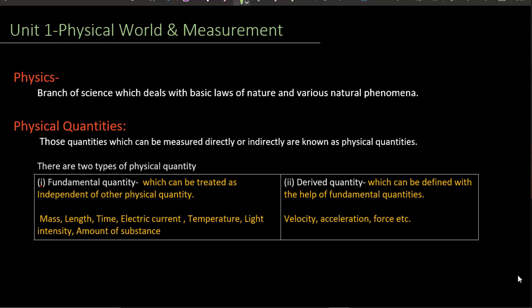Physical quantities are those quantities which can be measured directly or indirectly. For example, we can measure the length of a room, the height of a tree, the distance between earth and sun.